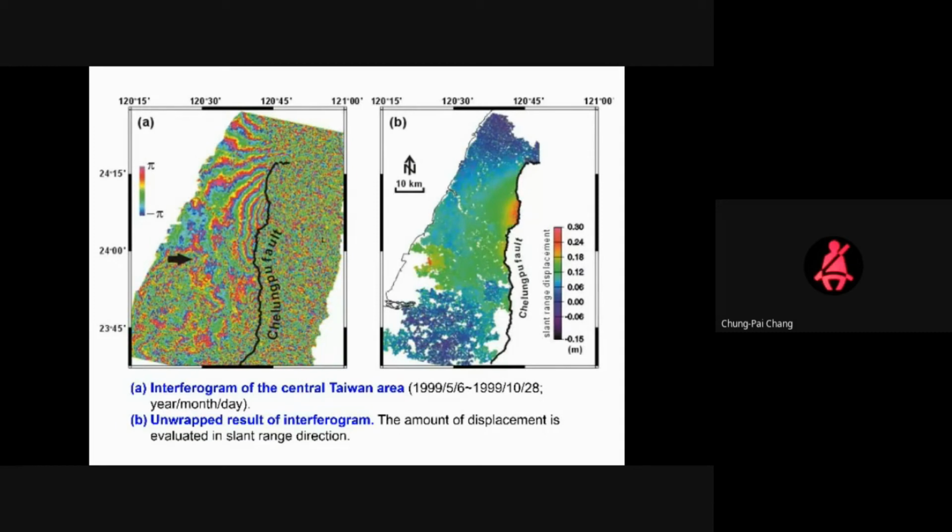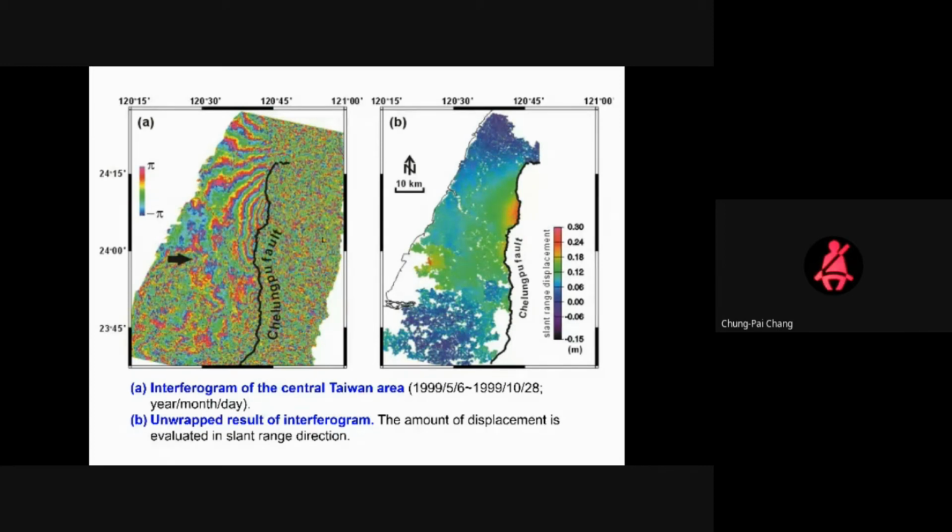The other limitation is that the displacement during this earthquake event is quite large. It's almost 2 meters. So if you could extract the fringes of this area, you would have very dense fringes, almost more than 100 fringes here.